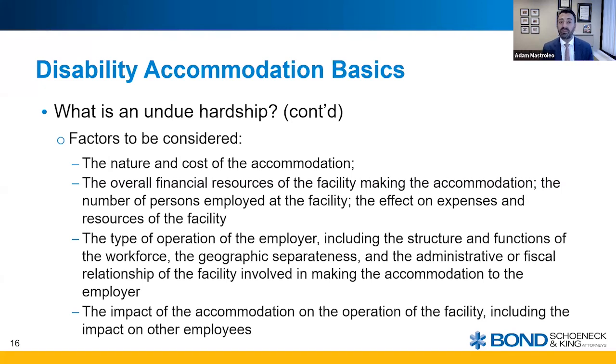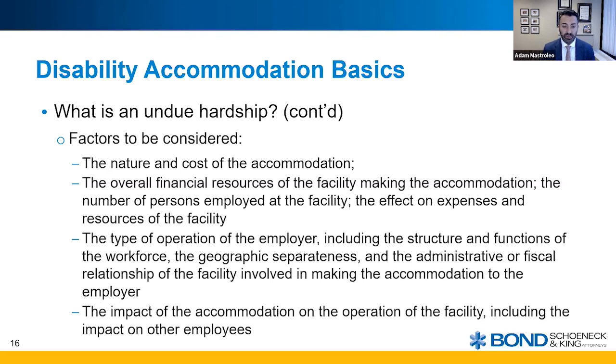The use of the word facility is important there because a facility where someone works may be part of a larger institution, but if you can establish that the proposed accommodation would constitute an undue hardship on that particular facility, that can work.